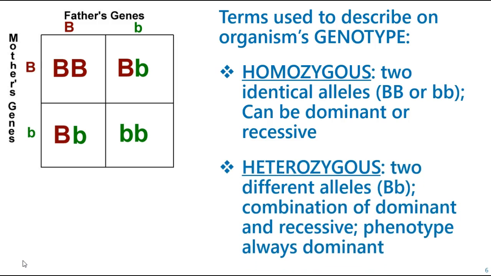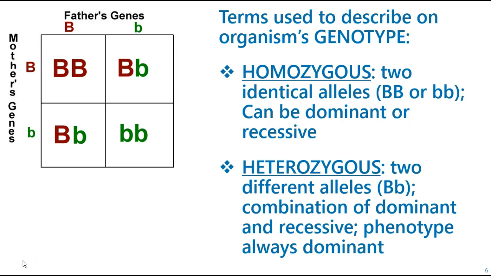And heterozygous, the word hetero in Greek means different. So heterozygous organisms have two different alleles, represented here by the uppercase B and the lowercase b. So it's a combination of dominant and recessive alleles.